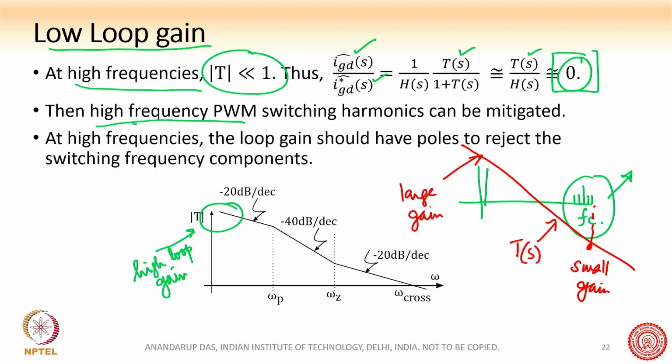Of course, there are poles and zeros in between, so you will change the bandwidth. The bandwidth will come here, so you will modify it and move it up or down like that. But essentially these are the two extremes: a large gain on one side and a small gain on the other side. So basically the loop gain should have poles to reject the switching frequency harmonic components on the other side.